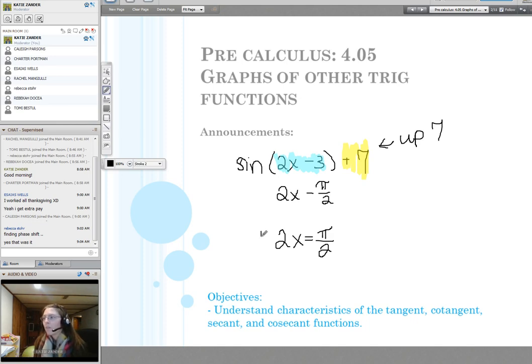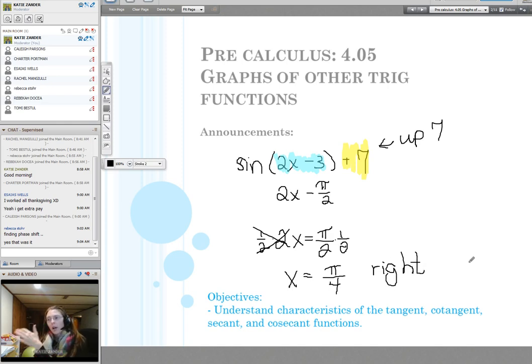If I multiply by 1/2, or divide by 2, you'll get rid of that and you'll just have x equals. That's really shifting it a pi over 4 to the right, because when I solve for x, it ended up being positive. So that means you shifted it to the right.